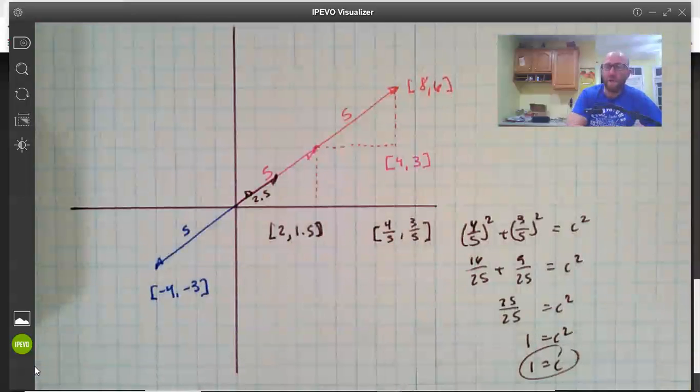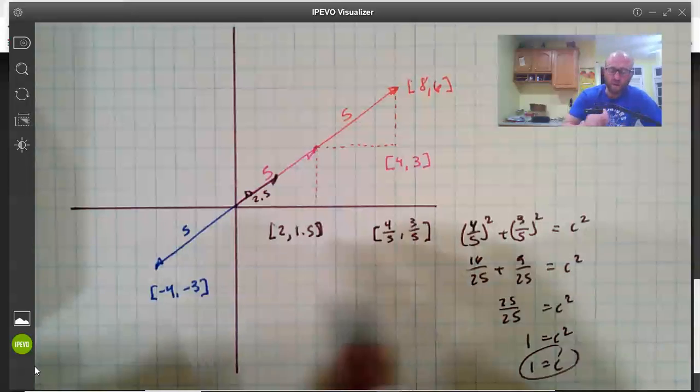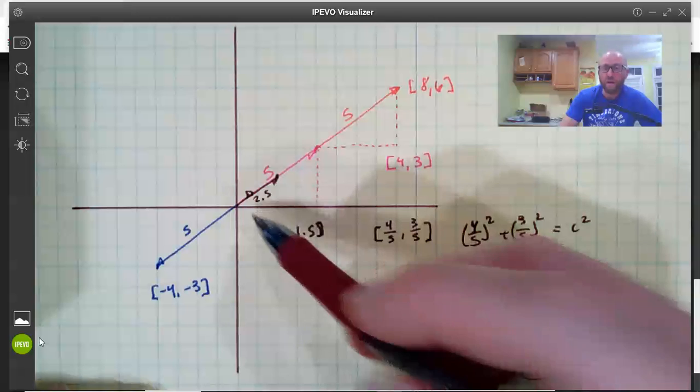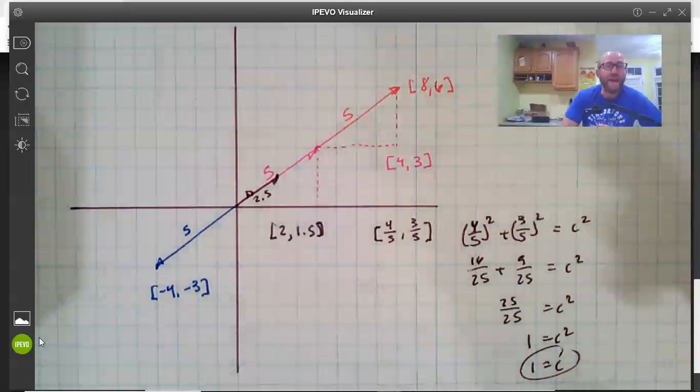So the length of that vector is just 1 unit. So I can find a vector of any length I want, especially if we get this unit vector.